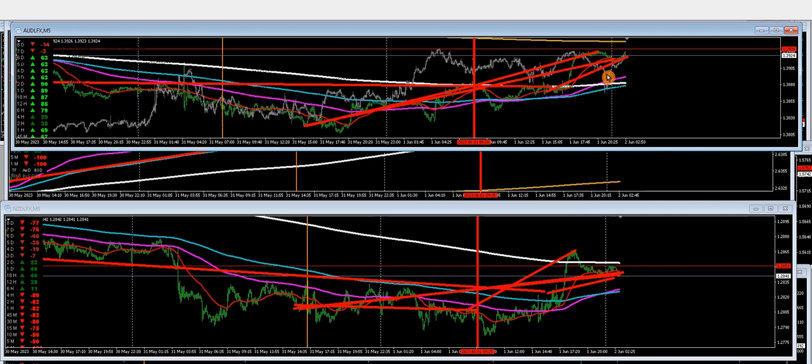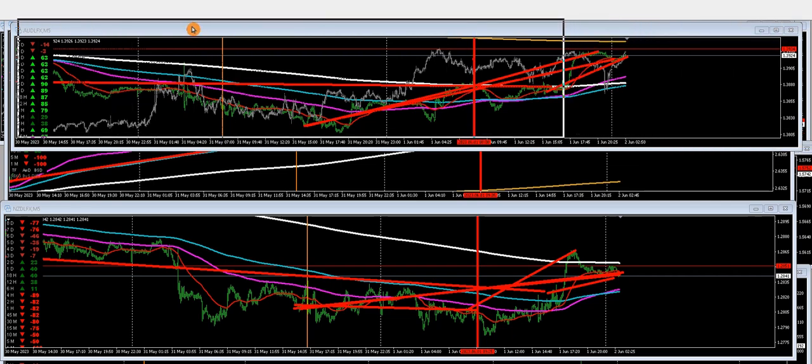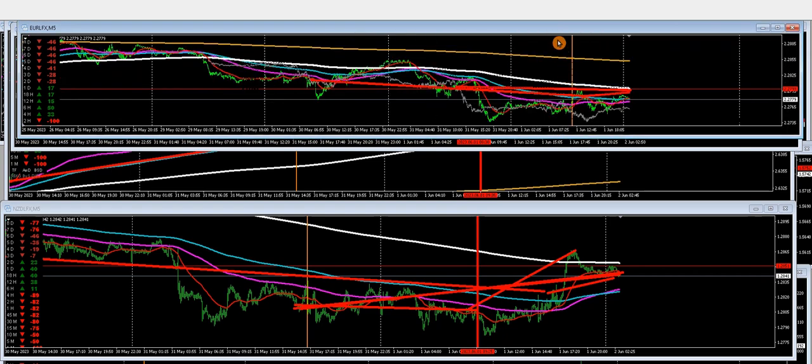And then if we pull in the euro here, and we'll try to see the euro relative to the pound, I'll show you what we're doing. Hang on, where is it now?